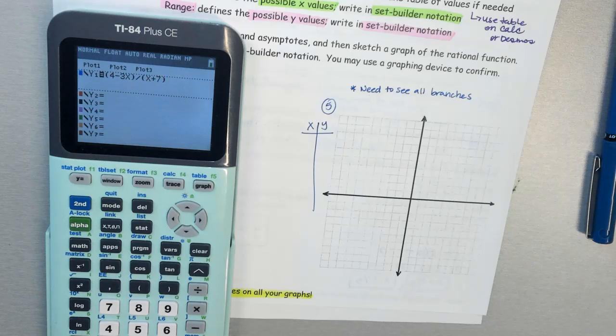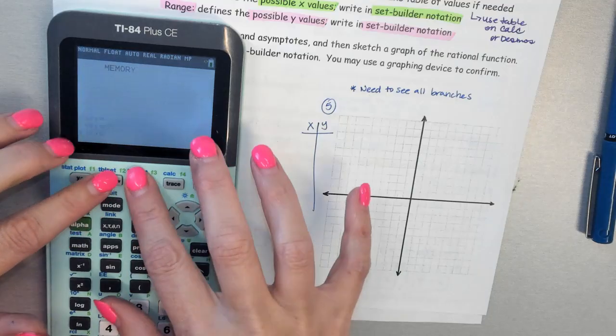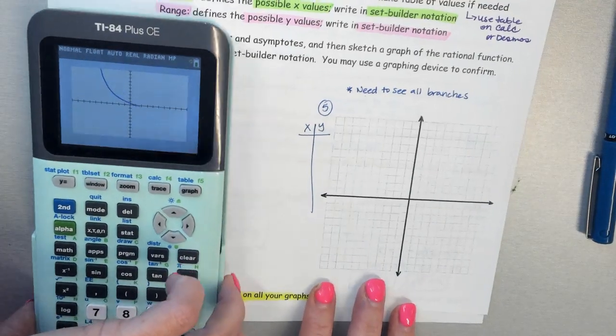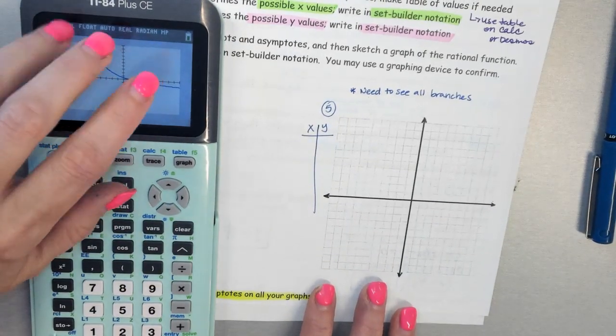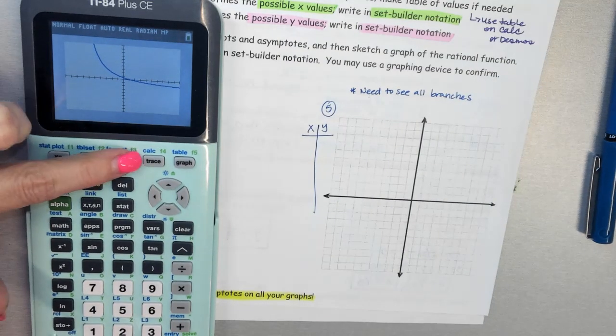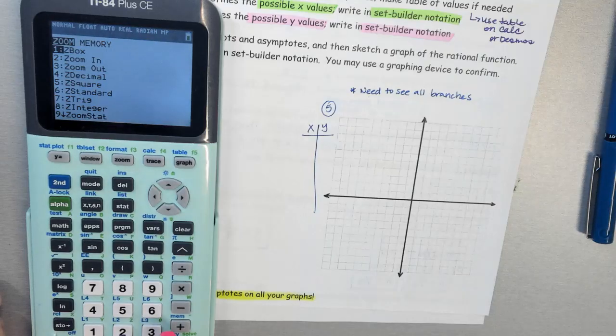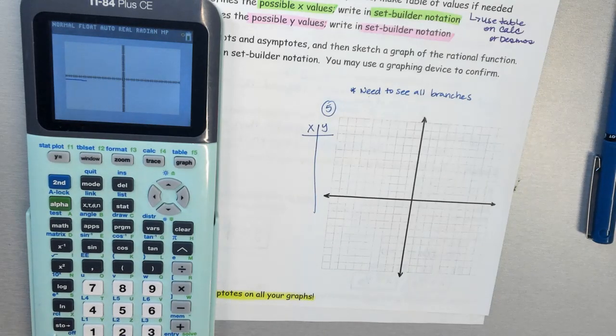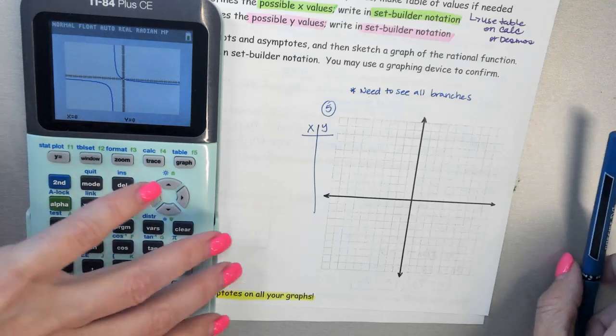With your first window, because we're in the standard window, I can only see 1 branch. I need to see at least 2 of them. If you want to go to zoom and then 3 is zoom out, now you can see both branches here. So we are going to have to make sure that we see both of those.